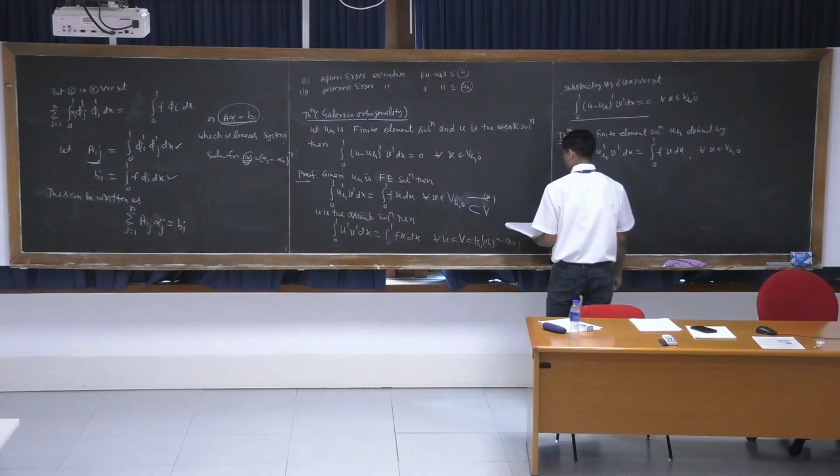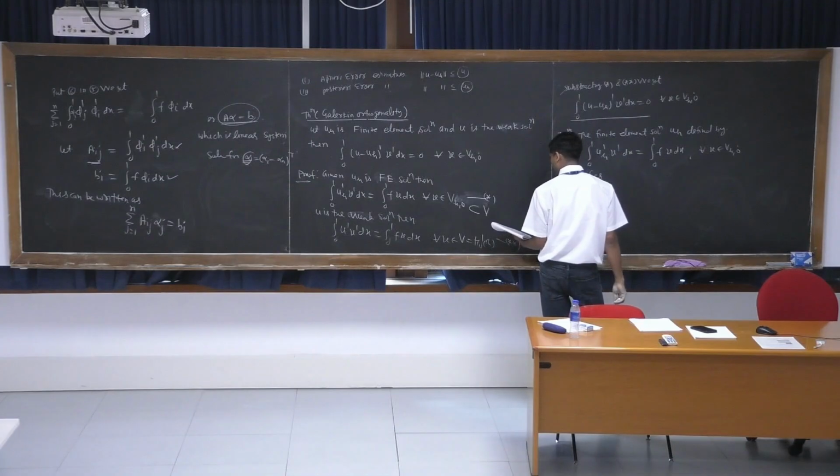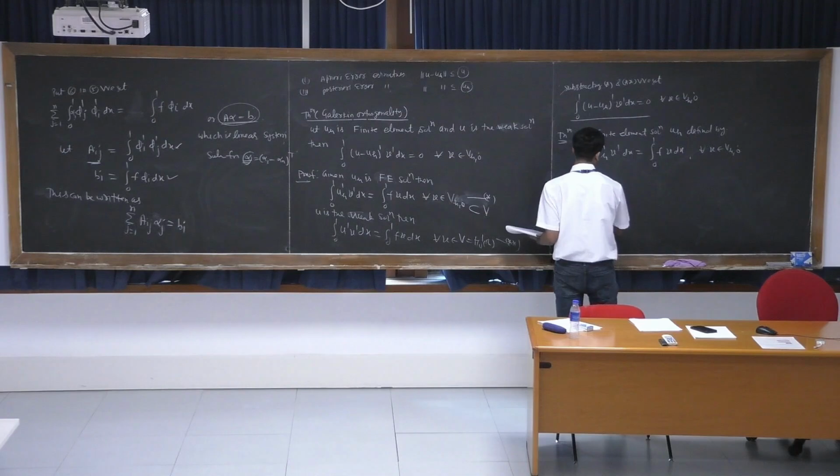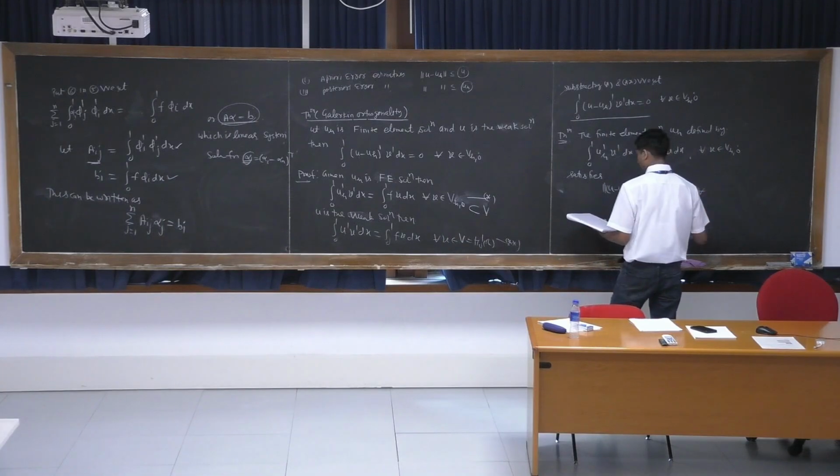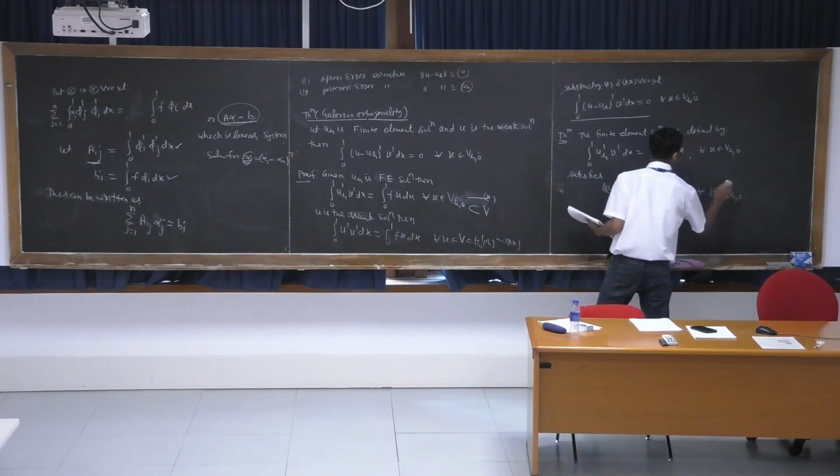Defined by this, it satisfies: the norm of (u minus uh)' is less than or equal to the norm of (u minus v)' for all v belonging to Vh.